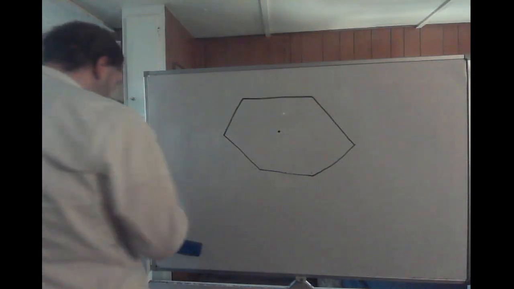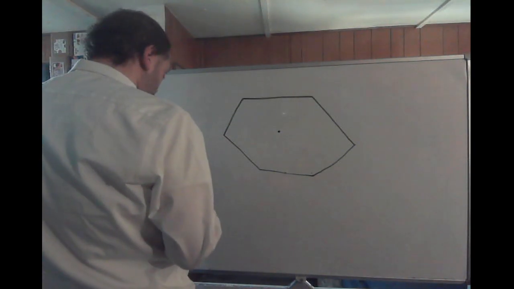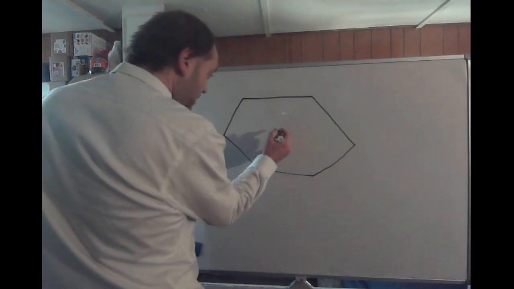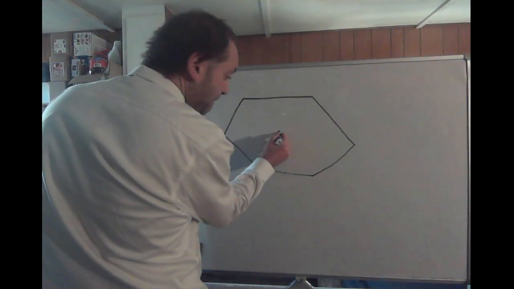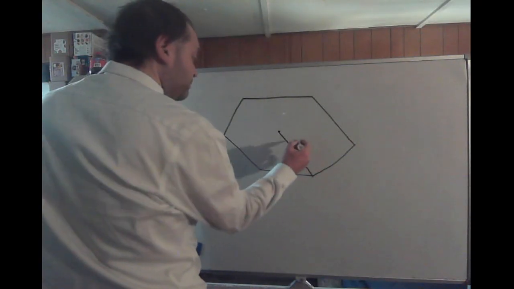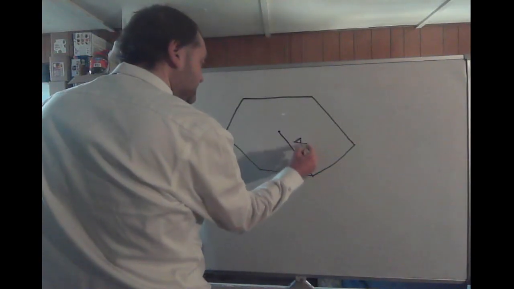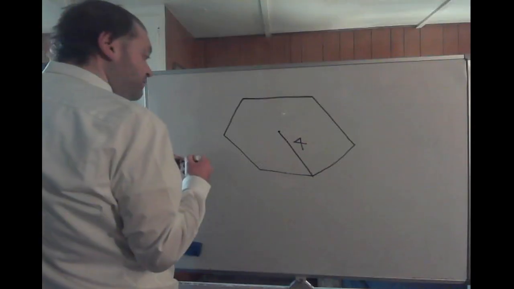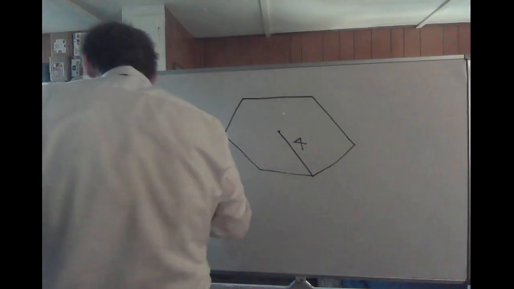Alright, so first thing we have here, let's draw the radius. They give you that the radius of this hexagon is 4. We have a radius of 4 in this hexagon, so that's something we do know.